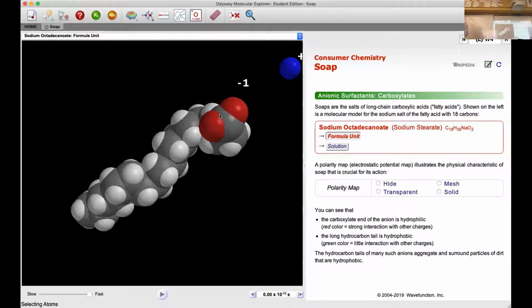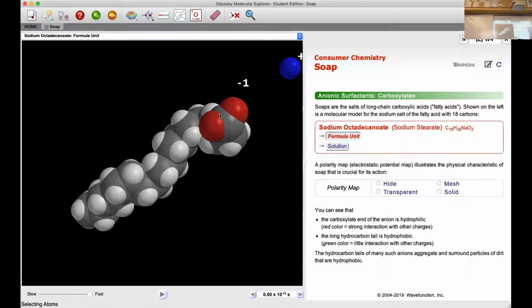Why is water able to separate anions from cations? Water is a dipole. One end could be attracted to the negative charge, one end attracted to the positive charge. Cora's going to tell me which end of water is attracted to a sodium ion. The end would be oxygen. Which end is going to be attracted to the end with the negative charge? So there's a portion of soap that really loves water.